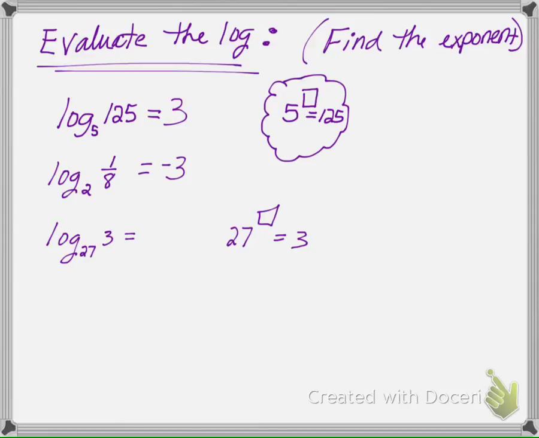What exponent does that? Yeah, that's a cube root, isn't it? So that's the fractional exponent 1/3. All of the things we've been learning the last couple chapters about exponent rules are all going to come into play here.